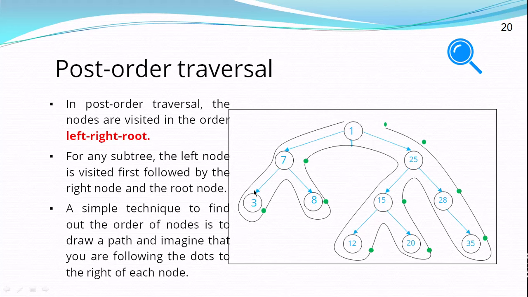So as far as 7's concerned, I've explored the left-hand branch, I've explored 7's right-hand branch, this thing here. And then I've got to mark the node. Look, it says mark the node, or the root. Mark it.